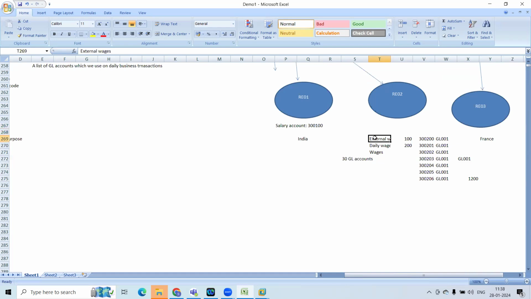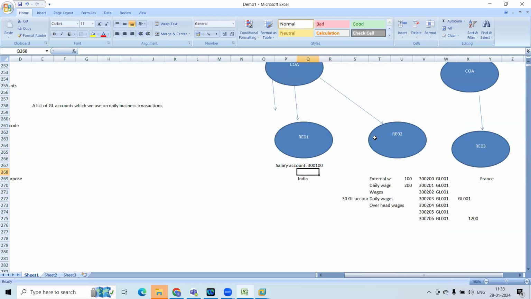Instead, we are using different GL accounts: external wages, daily wages, wages for permanent employees, and overtime or overhead wages, like if you do extra work, then they will pay per hour this much. So there are so many GL accounts they are using, but in India they are using only one GL account.